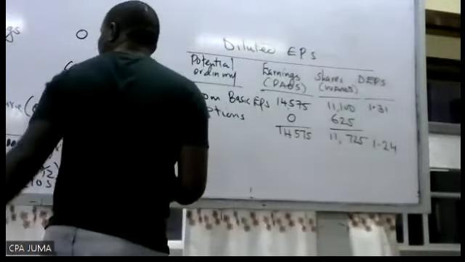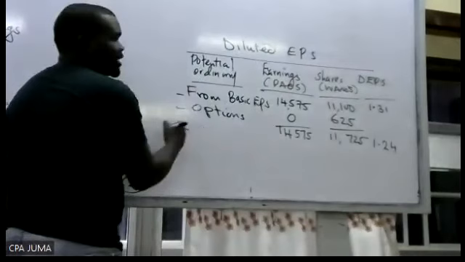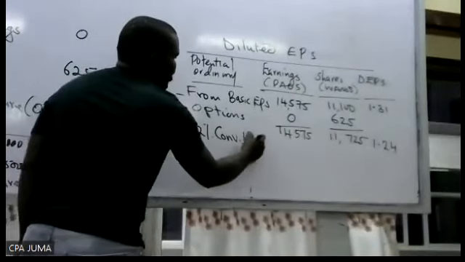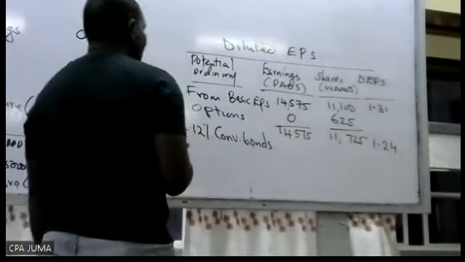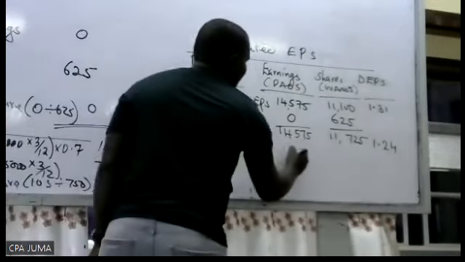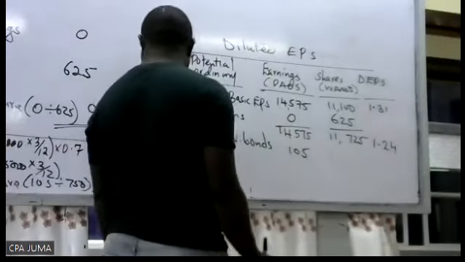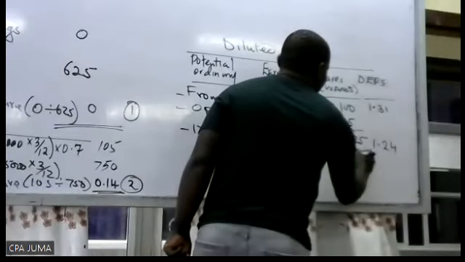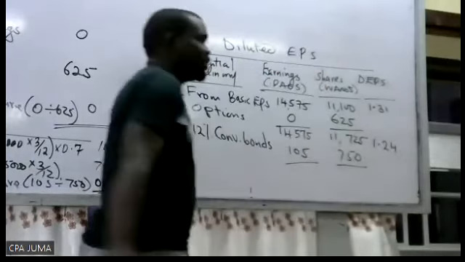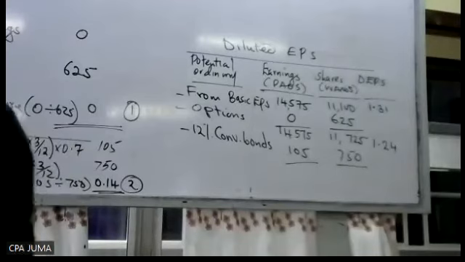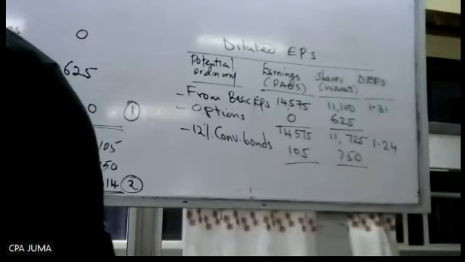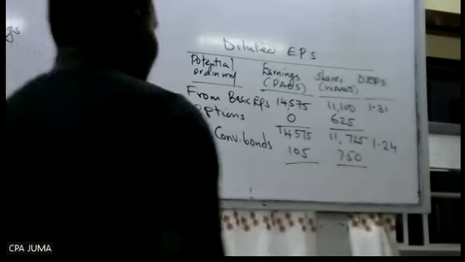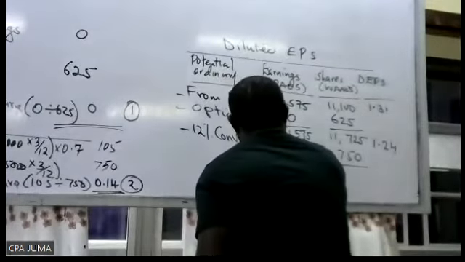1.24. Bring the bonds. They were ranked number 2. So the 12% convertible bonds. Shares will go up by 105, then the profit by 750. Get the new position: 14,680 for the one, and 12,475 for the other.